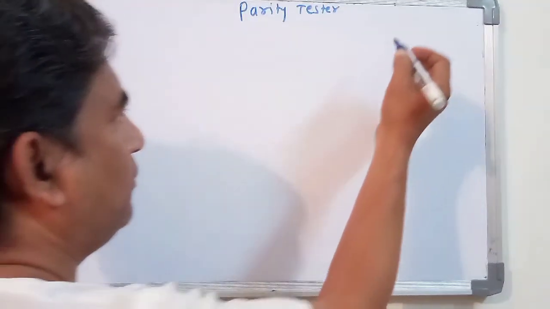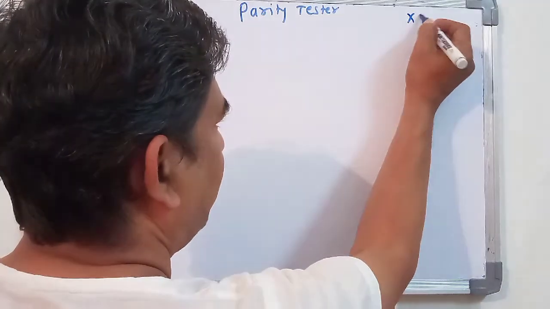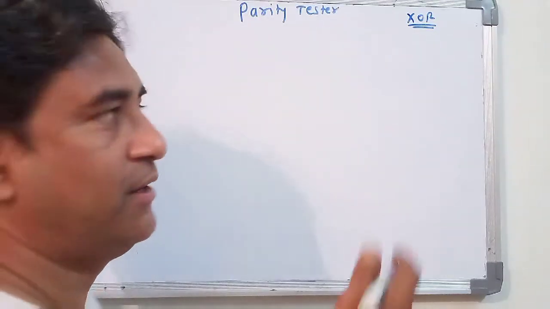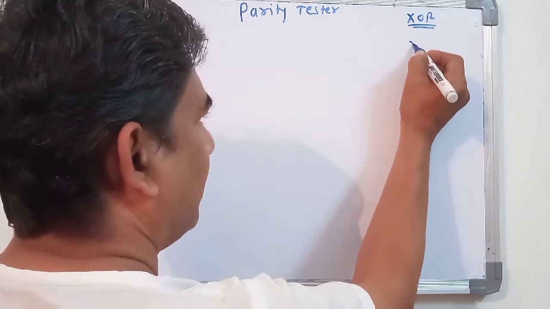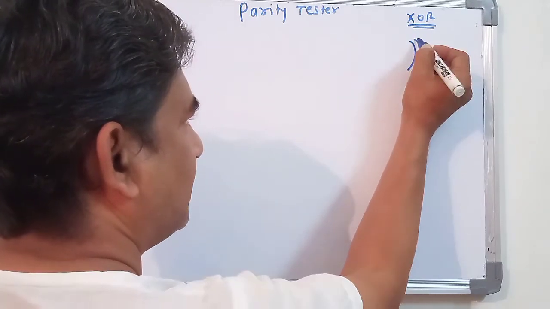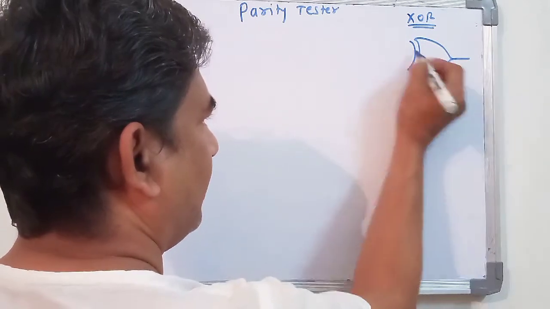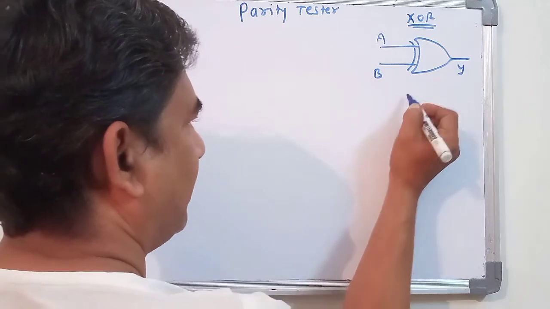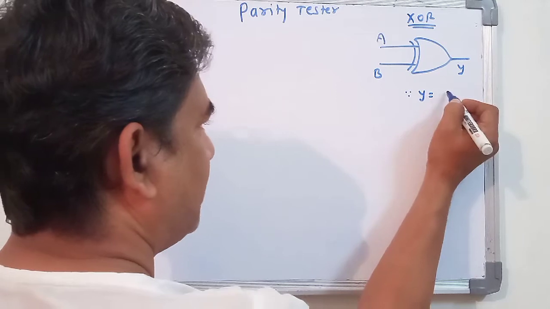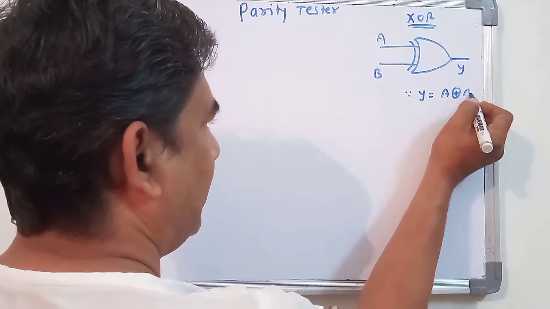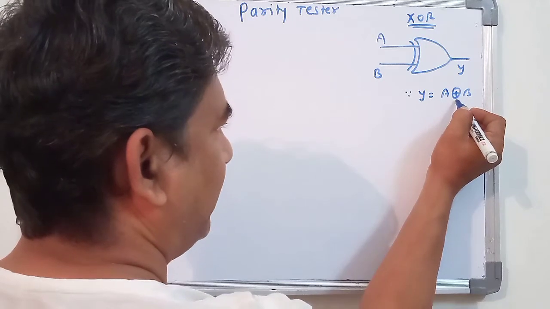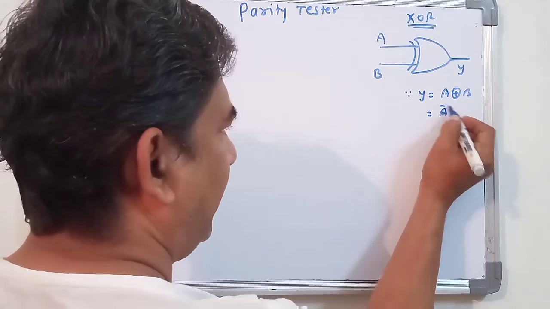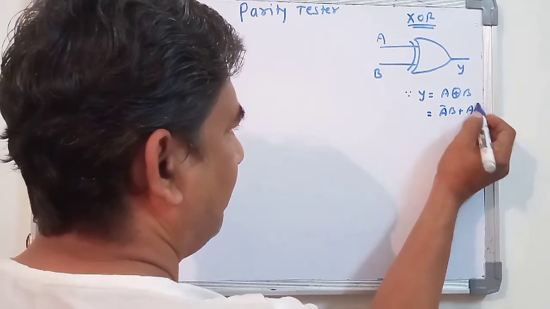Very first, you have to keep the XOR gate in your mind. As we have studied previously, the XOR gate symbol is like this, with two variables, that is A, B and the output Y. You have the logical equation Y is equal to A XOR B, which I am indicating with a circled plus, or you may write it as A bar B plus A B bar.